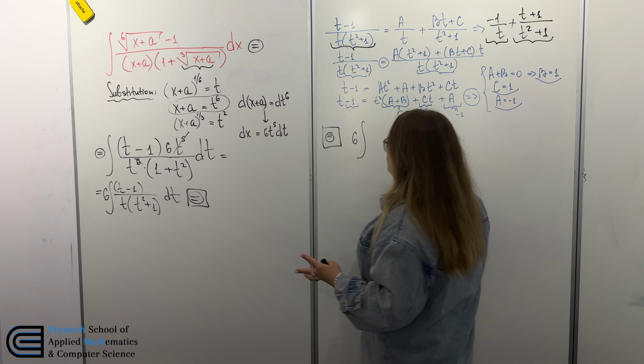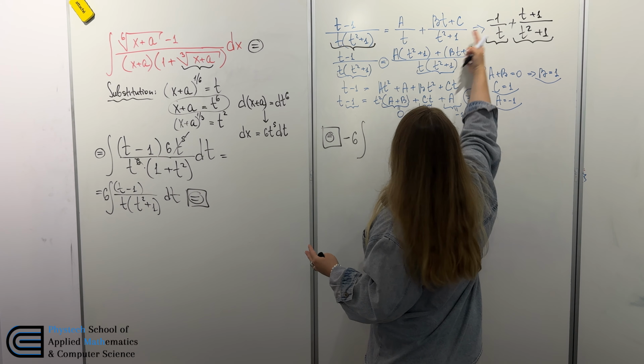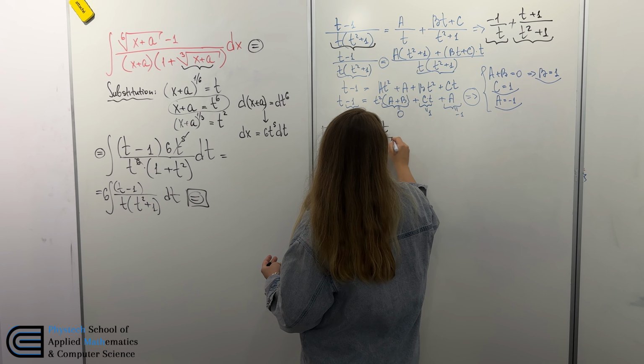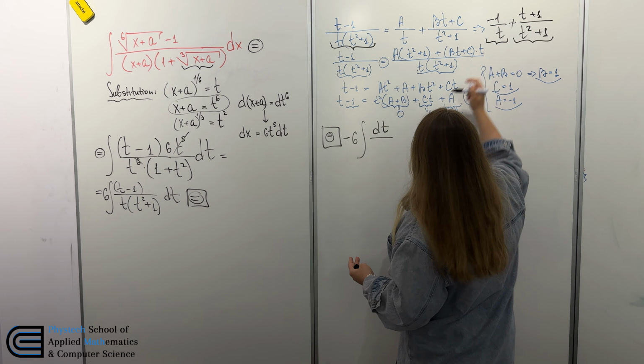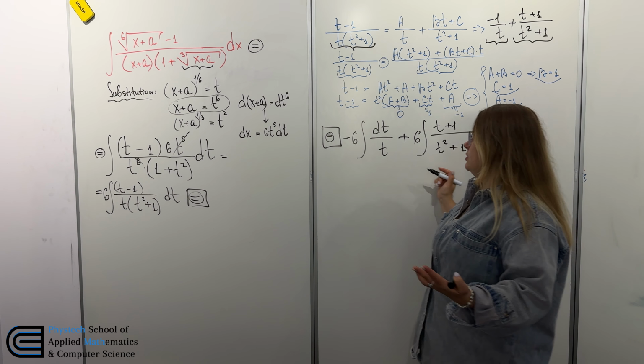So we can write it as the sum of two integrals. It will be minus goes here, then dt divided by t. Also, then we have 6 from here, 6 multiplied by the integral of t plus 1, and here will be t squared plus 1 dt. Now we have our two integrals.